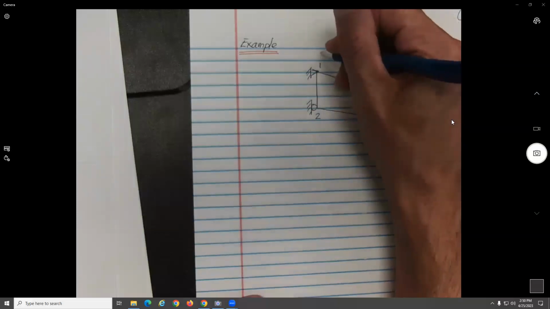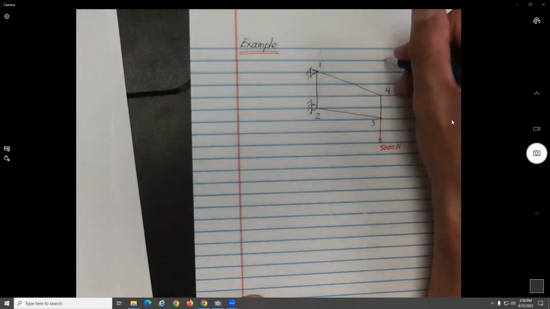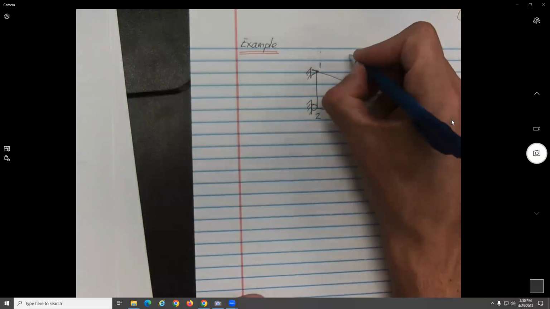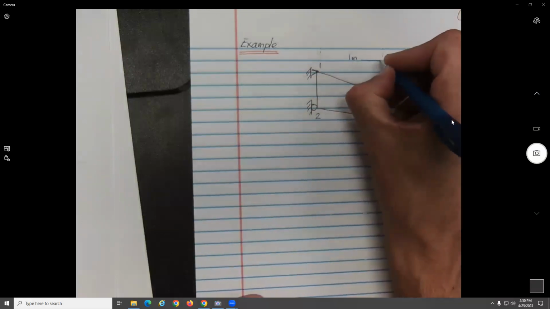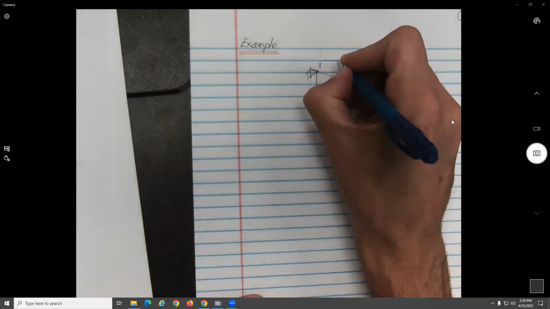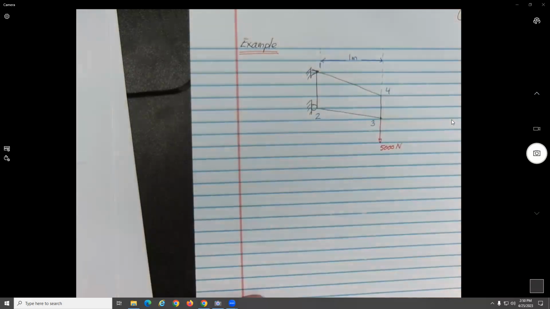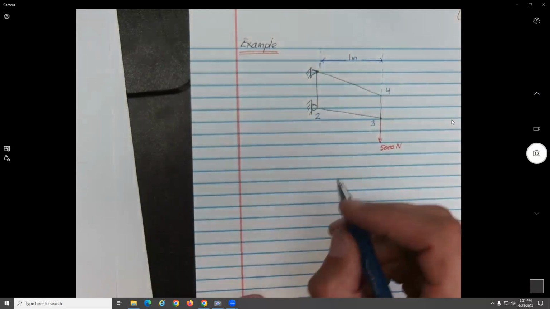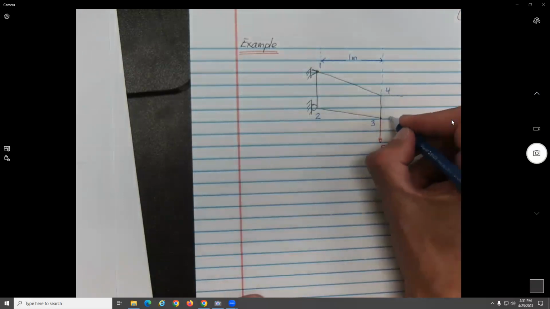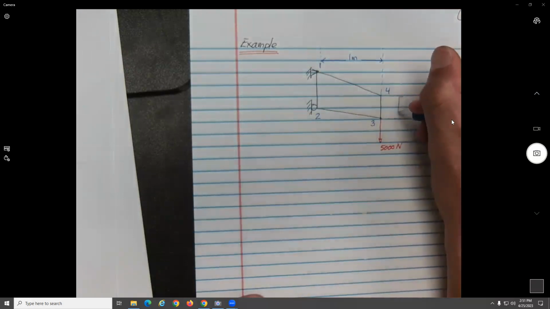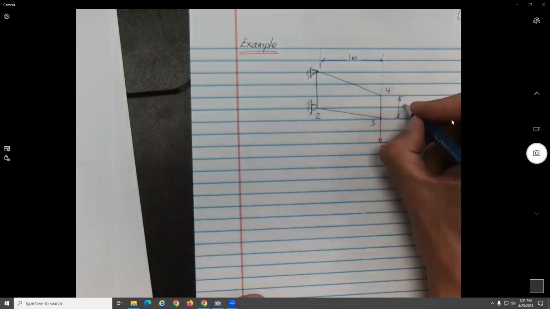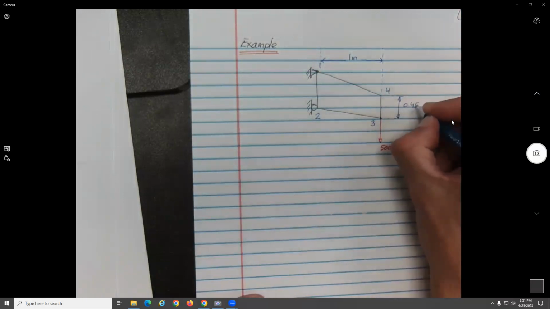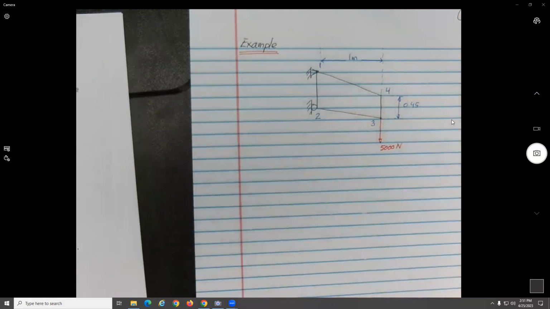We know this length over here is 1 meter. We know this length over here to be 0.45.